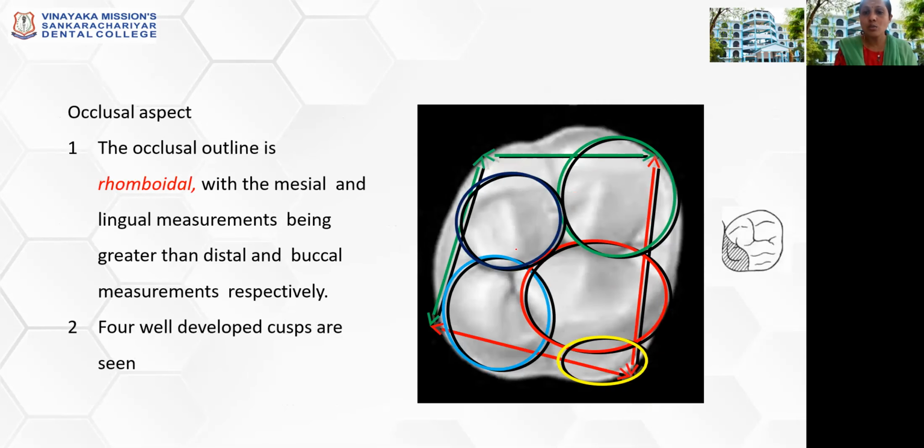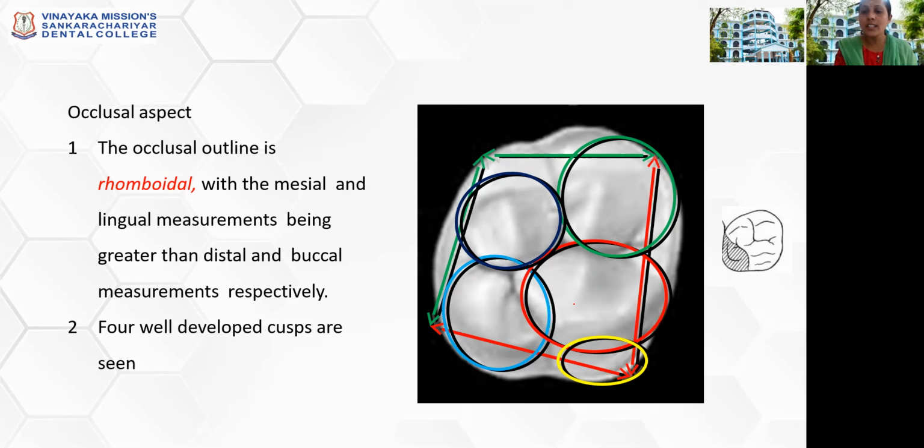Next, coming to the occlusal surface. The occlusal surface is roughly rhomboidal in outline, with the mesial and lingual measurements being greater than the buccal and the distal measurements. There are four well-developed cusps, and a fifth accessory cusp can be noted, which is not always seen.